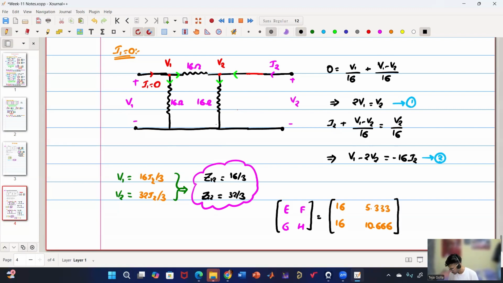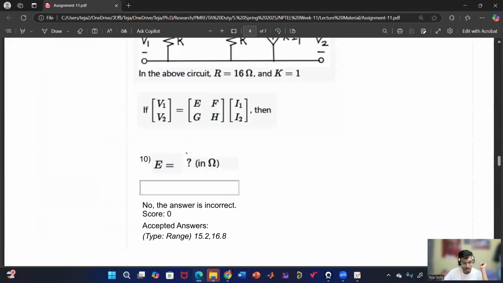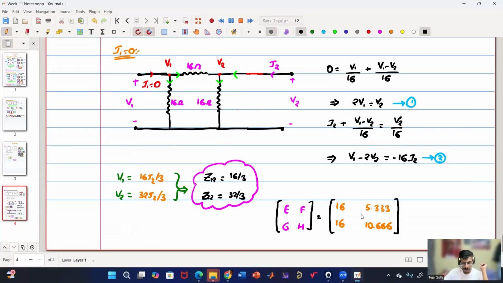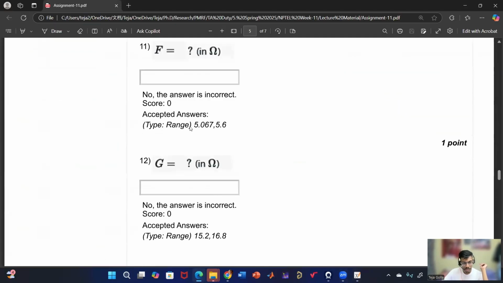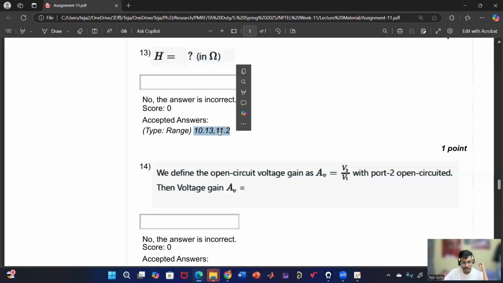So let us check whether our values are correct or wrong. E is 16, well within the range. F is 5.33, in the range. G is also 16, so G is in the range. And H is 10.66, so it is also in the range. So E, F, G, H are correct.